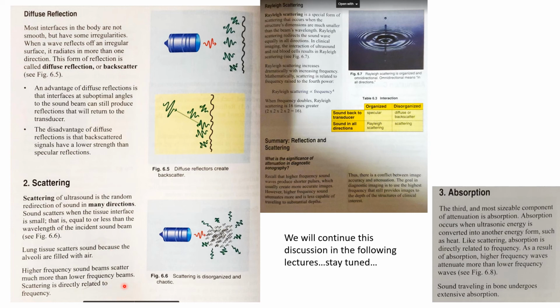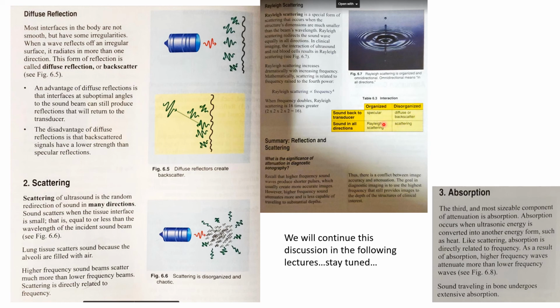The higher the frequency, the more the scattering. One particular form of scattering is called Rayleigh scattering, when the dimensions are much smaller than the wavelength that you're using. And Rayleigh scattering is proportional to the fourth power of the frequency.